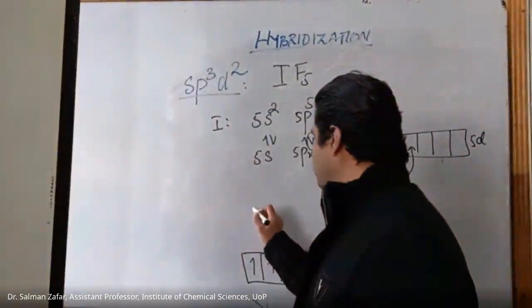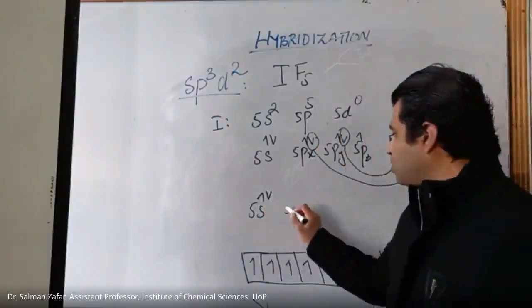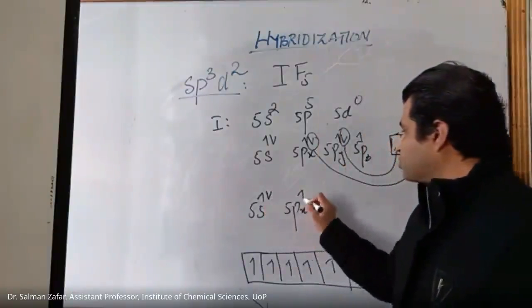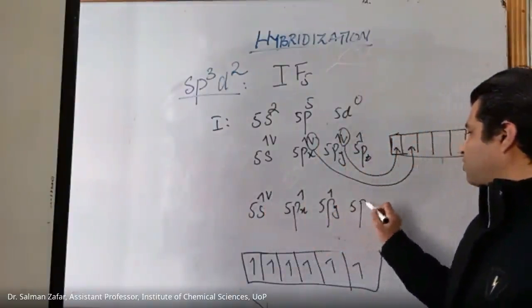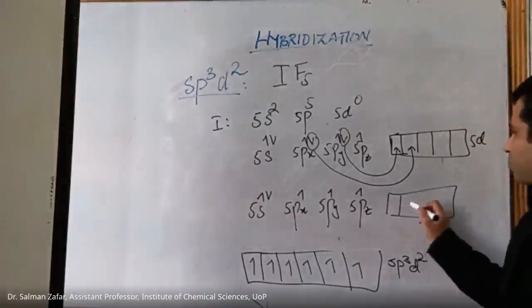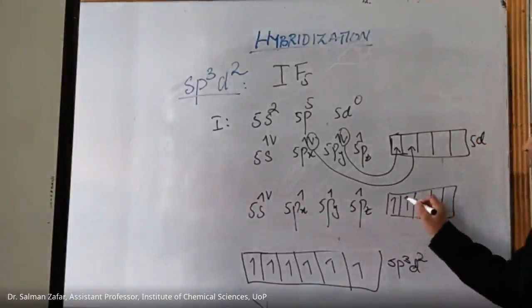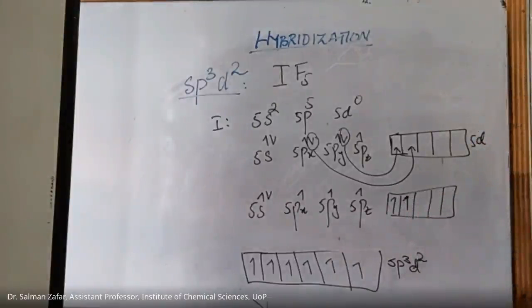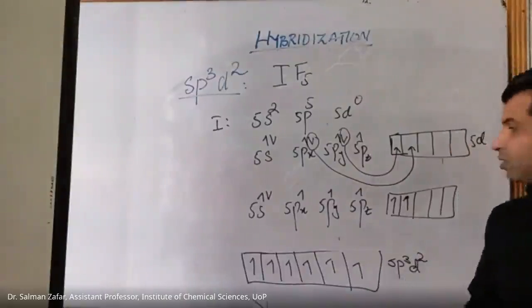So what we are left with is 5s2, 5px1, 5py1, 5pz1, and then we have 2 electrons singly occupying the 2 5d orbitals.